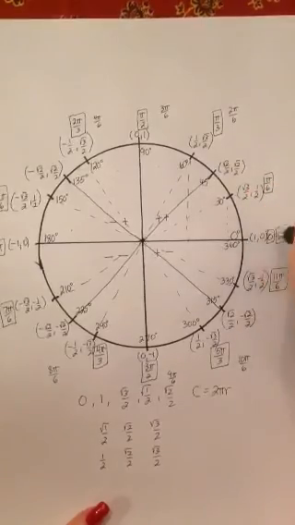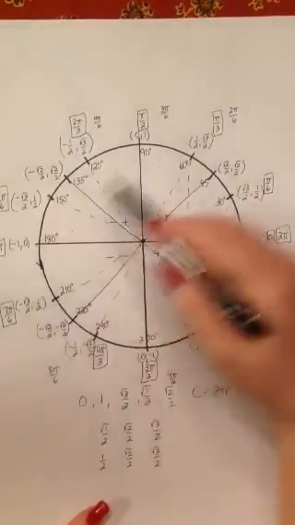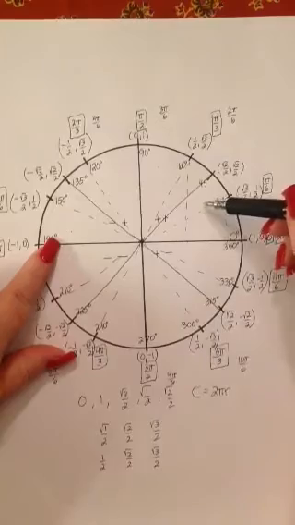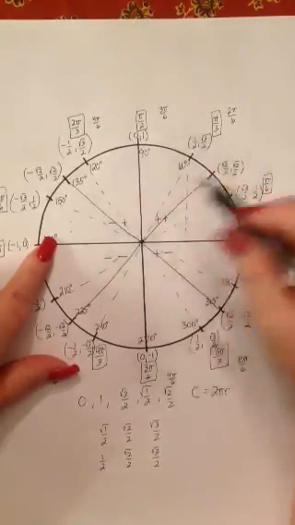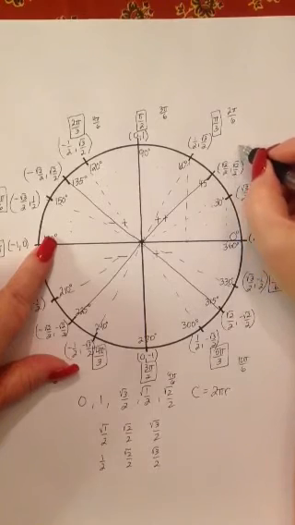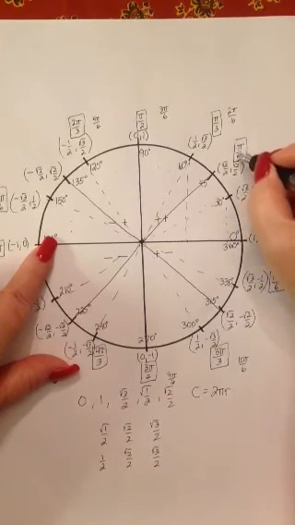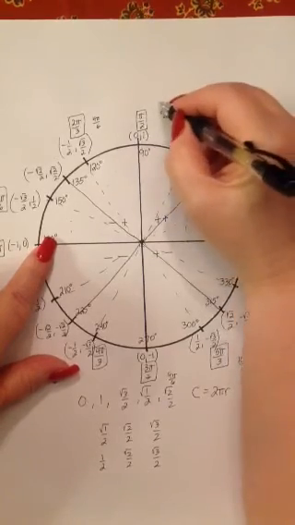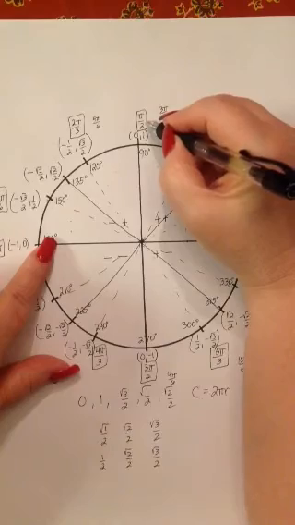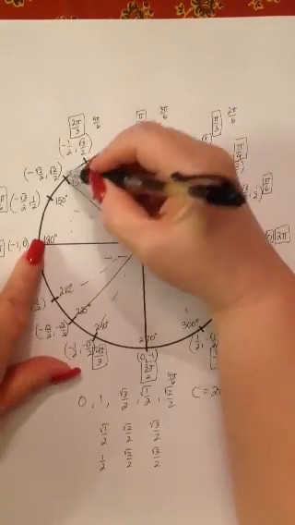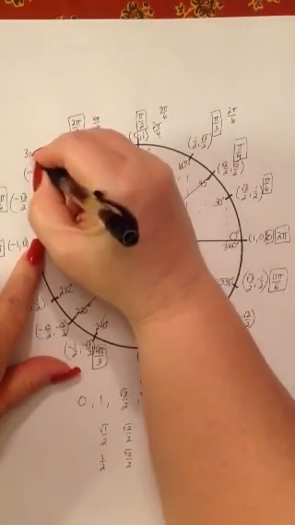And if this is 0 radians and this was pi radians, that divides our little pi up into 1, 2, 3, 4 pieces. So we count by pi over 4. So at 45 degrees it would be pi over 4. Up here at the top would be 2 pi over 4, but of course that reduces to be pi over 2. Then right here at 135 we'd have 3 pi over 4.